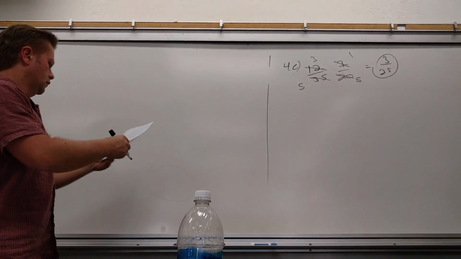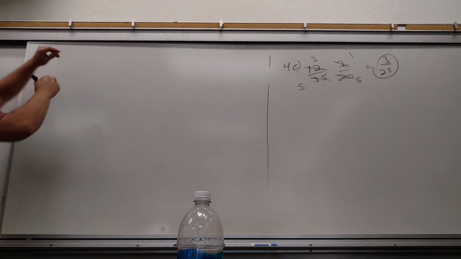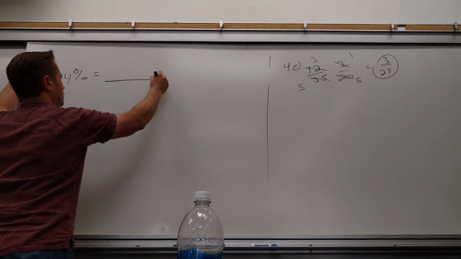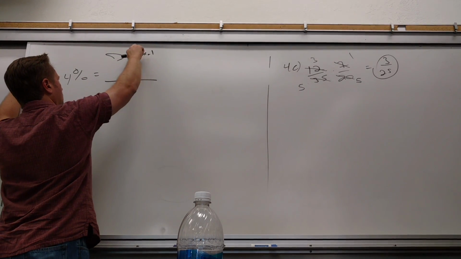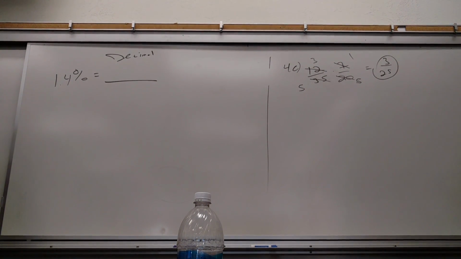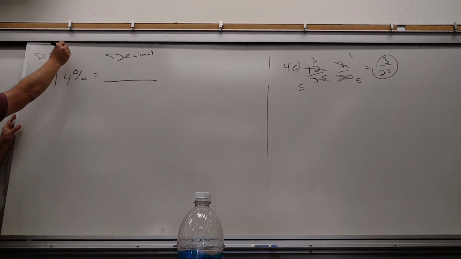Let me see. Let's take that piece by piece here. So if I have 1.4%, what is that as a decimal? 0.1. Yeah, you move it back twice, right? And again, remember, from decimal to percent, you move it that way.